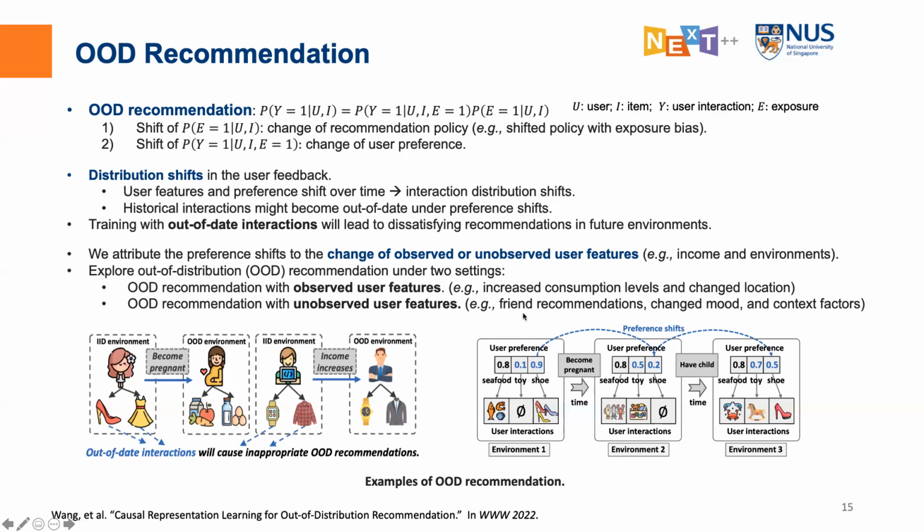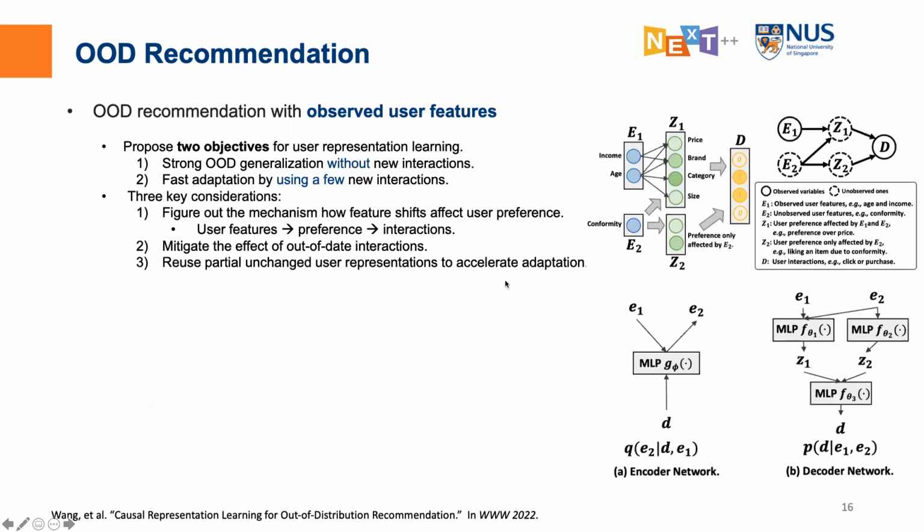For these two kinds of situations, we design different solutions. Let me briefly introduce the core idea. We find that user features, such as income, age and conformity, will affect the user preference, such as preference over price, brand, or item category.